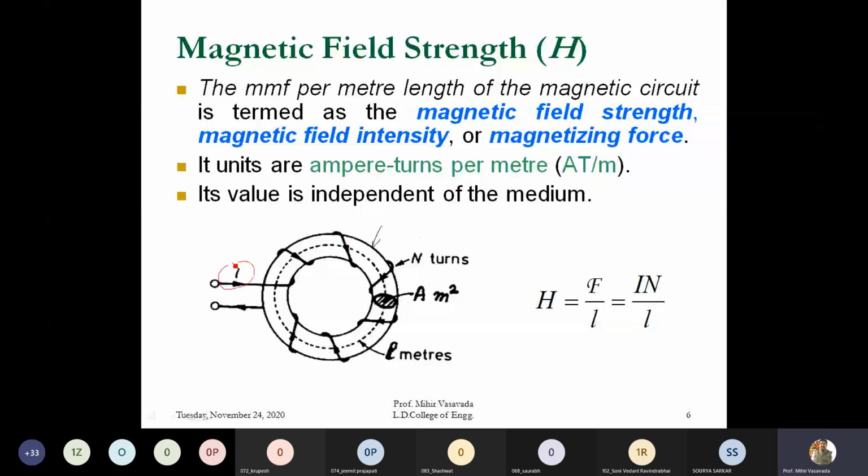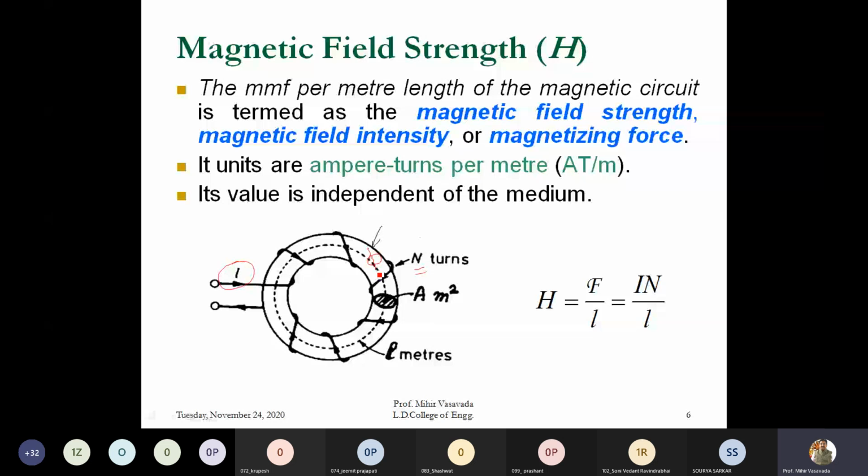Current I is passing through the coil, and N is the number of turns of the coil. So N into I is the MMF produced by this coil, and that MMF causes the flux phi to flow through. Flux phi is established in this magnetic material, whose area is A square meter.